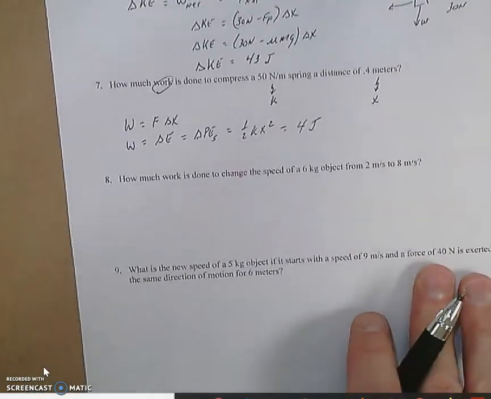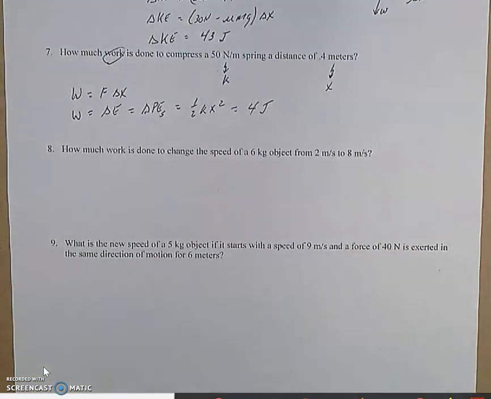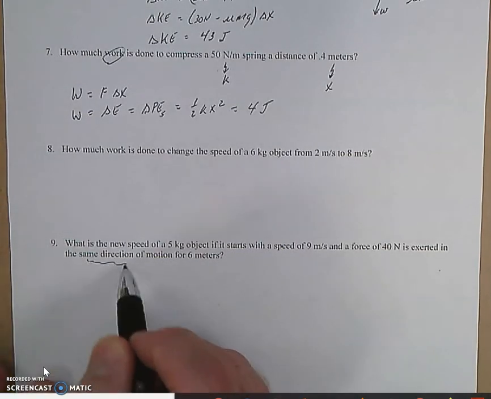Finally, if we get down here to question number 5, we did 8 already in class. What's the new speed of a 5 kilogram object if it starts with a speed of 9 and a force of 40 newtons is exerted in the same direction of motion? So now look at same direction of motion.